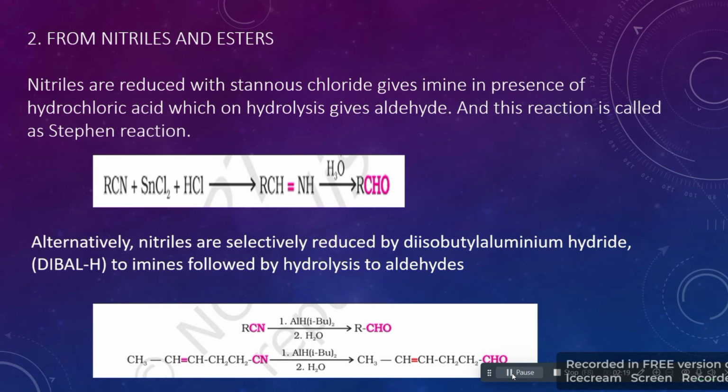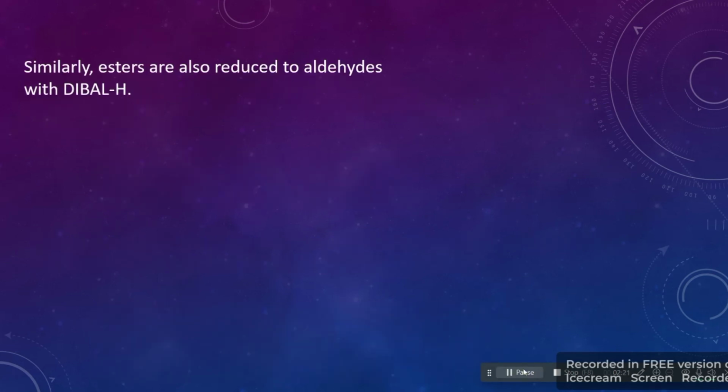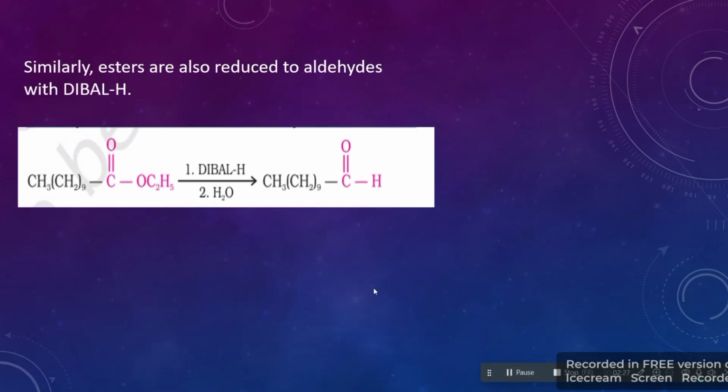Okay. Similarly, esters are also reduced to aldehyde with DIBAL-H. Here is the reaction. We can see here a long alkyl chain attached with an ester group, with DIBAL-H and H2O. It is reduced and forms an aldehyde.